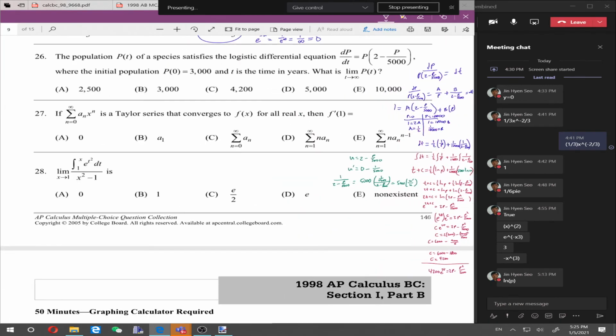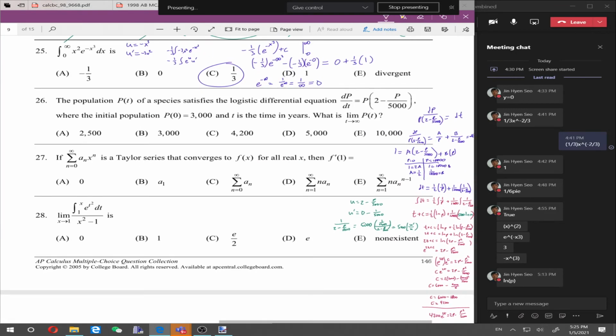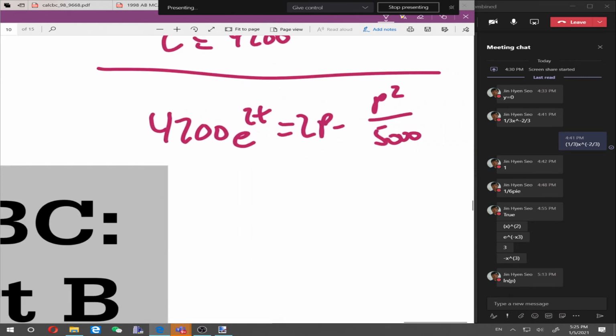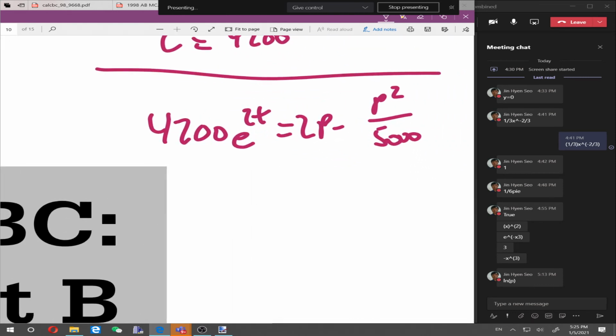I'm looking for what happens to p if t goes to infinity. Fortunately, I don't see a good way out of this.